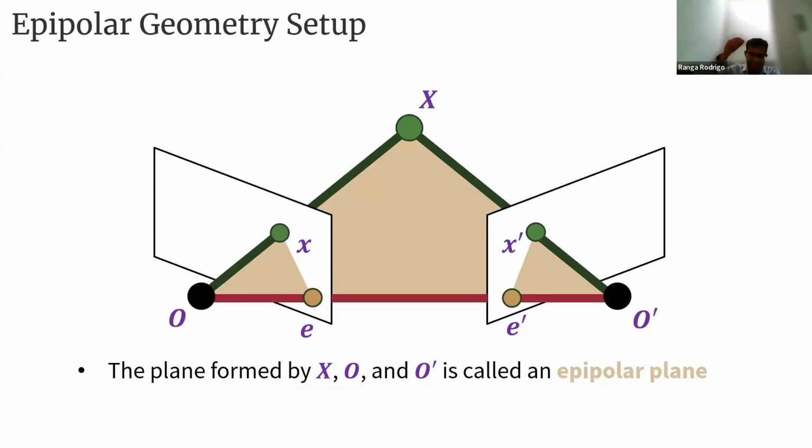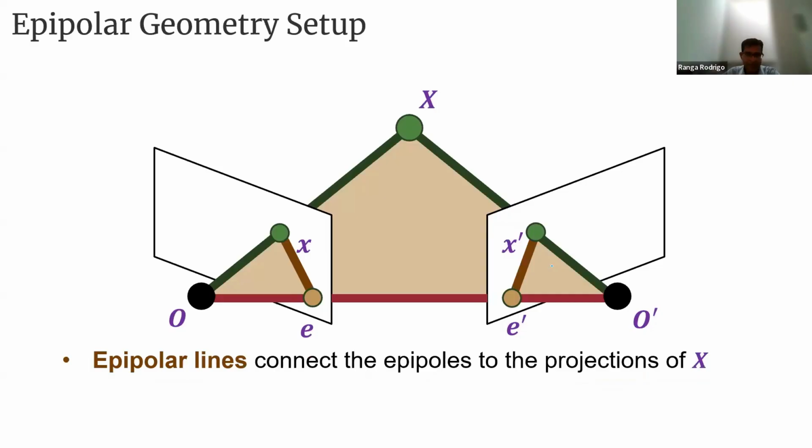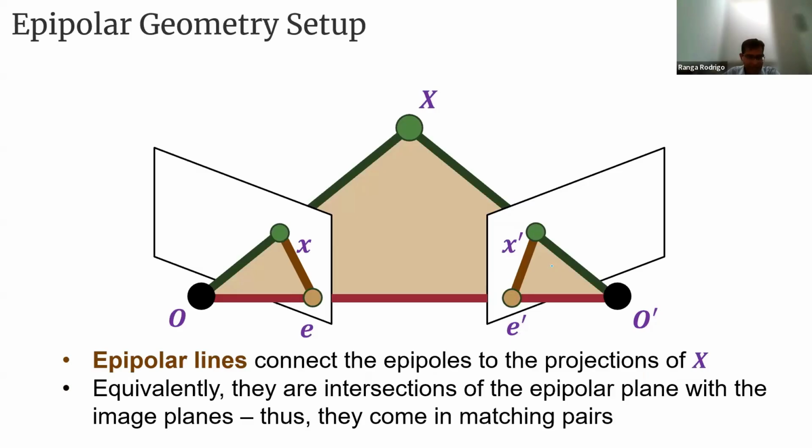When we change capital X, you can see this epipolar plane rotates about O and O prime. There is a family of planes passing through O and O prime. Epipolar lines connect the epipoles to the projection of X. Equivalently, they are intersections of the epipolar plane with the image plane, thus they come in matching pairs.